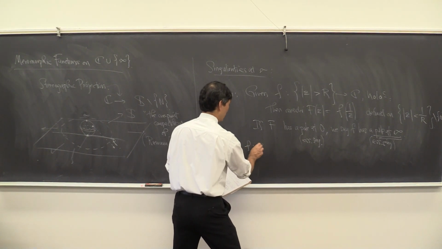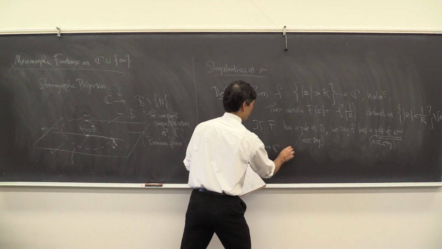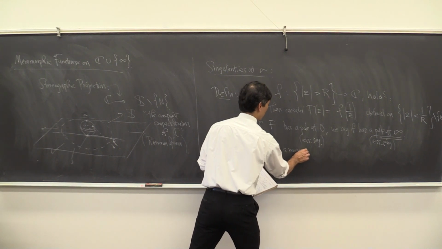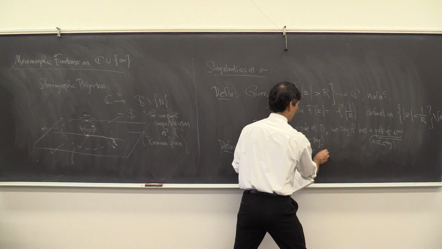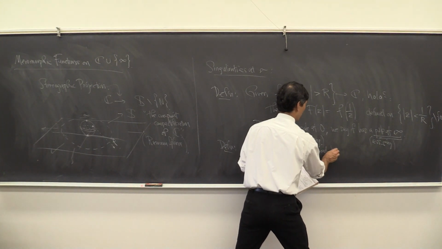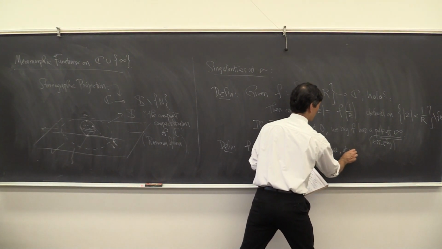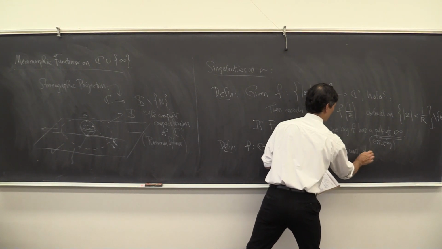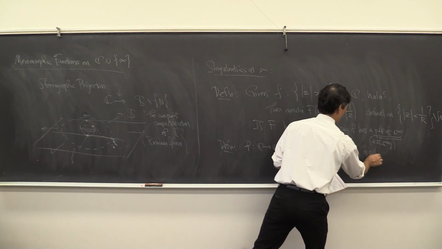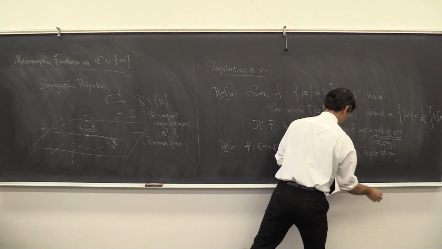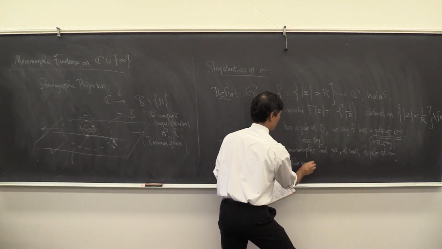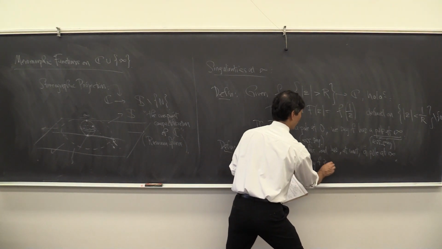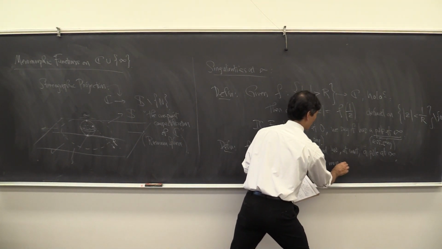And then if you have a function that's meromorphic and has, at worst, a pole at infinity, then we say f is meromorphic on the extended complex plane.